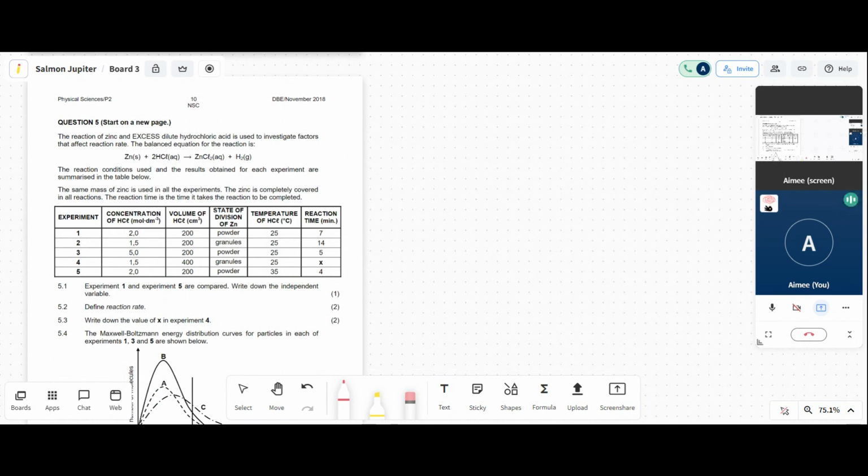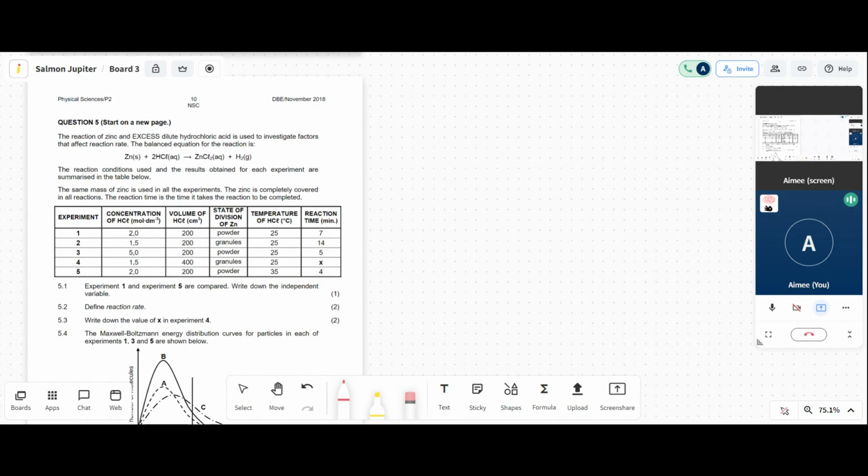It is what have you changed? What variable are you playing around with to basically see what its effect is on some kind of outcome? So here's experiment 1, concentration of 2 moles per decimeter cubed of HCl. Same for 5. Remember, if in the experiments you change one variable, the rest of them have to be constant.